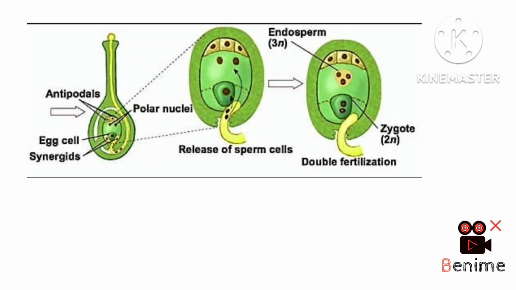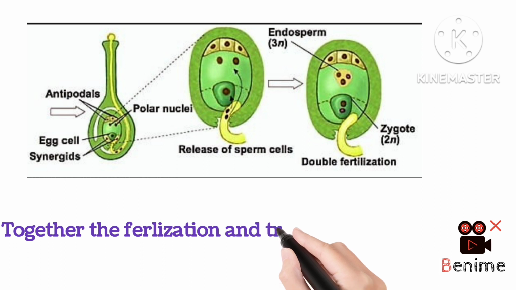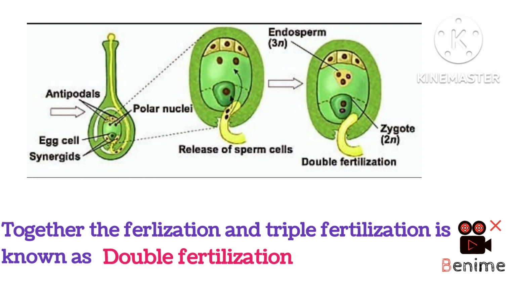The picture shows how the pollen tube enters through micropyle into the embryo sac, and one sperm cell fuses with the egg cell to form zygote, and another sperm cell fuses with the polar nuclei to form the endosperm. Together, the fertilization and triple fertilization is known as double fertilization.